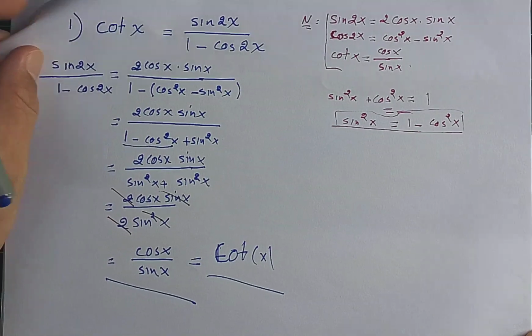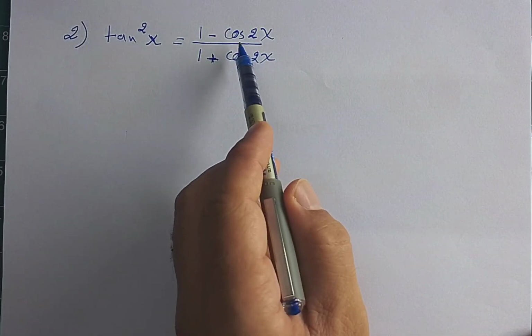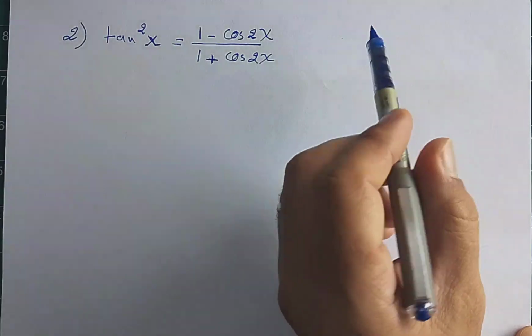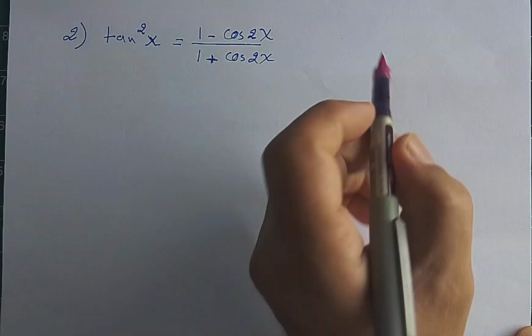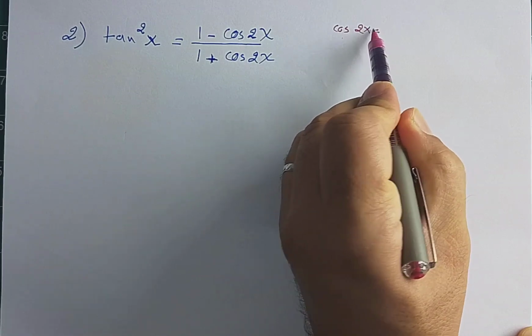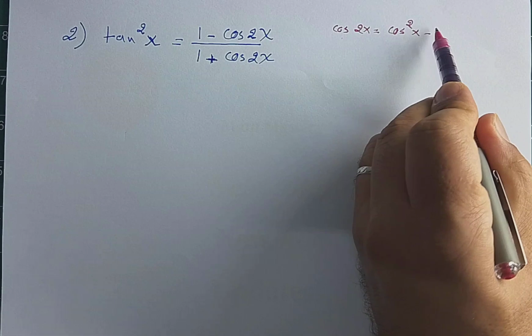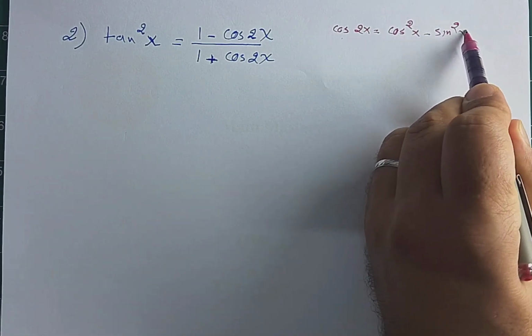So let's move on to the next one. We have here tan square x equal 1 minus cosine 2x out of 1 plus cosine 2x. We have some notes also: cosine 2x equal cosine square x minus sine square x.